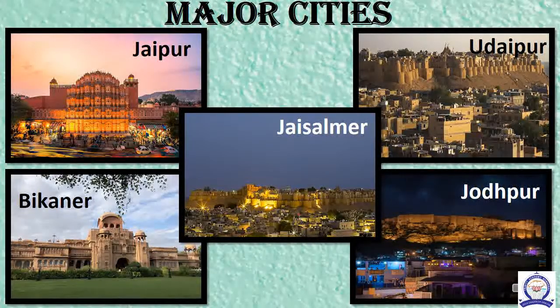It is also famous for blue pottery. Hawa Mahal is one of the most beautiful monuments in Jaipur. Jaisalmer is also known as the Golden Fort and is a major tourist attraction. Udaipur is called the city of lakes. A large number of tourists from all over the world visit Rajasthan every year.